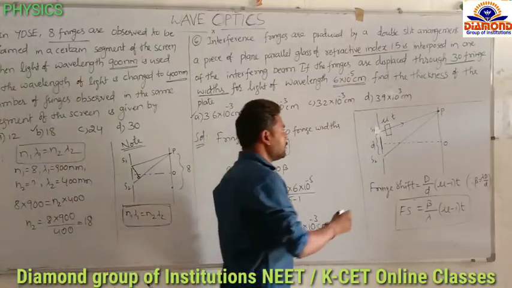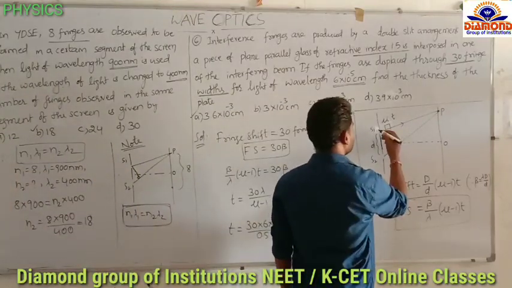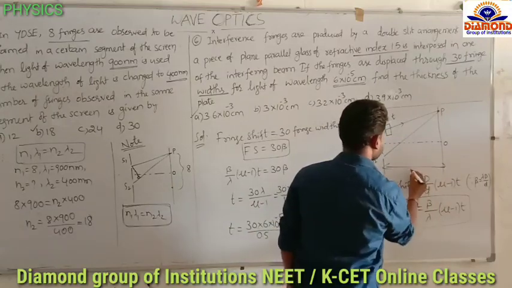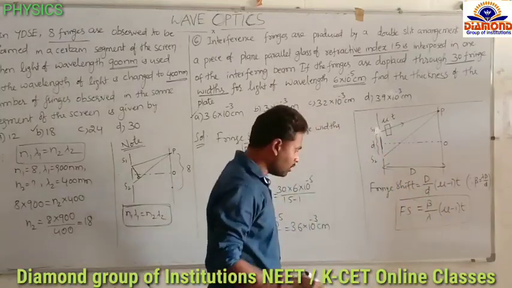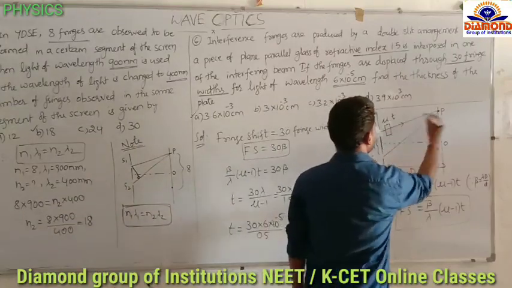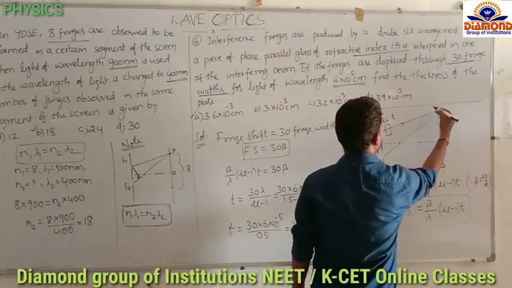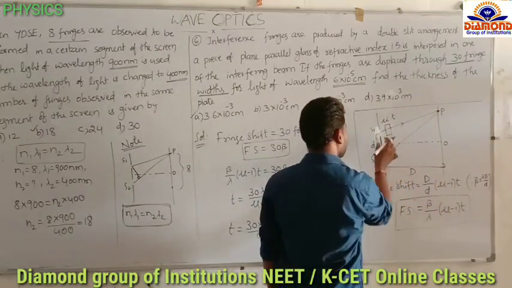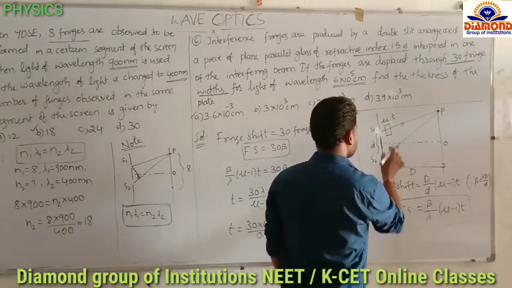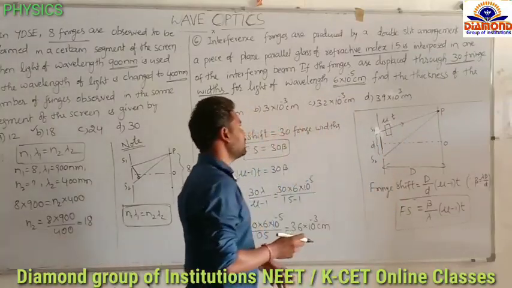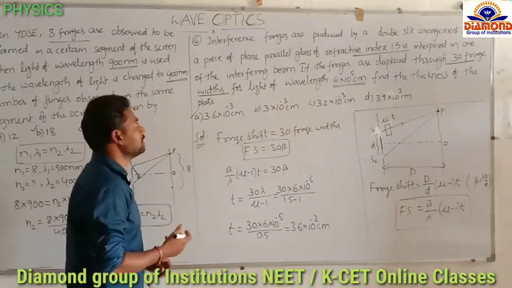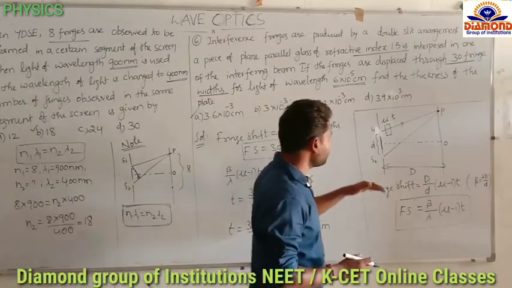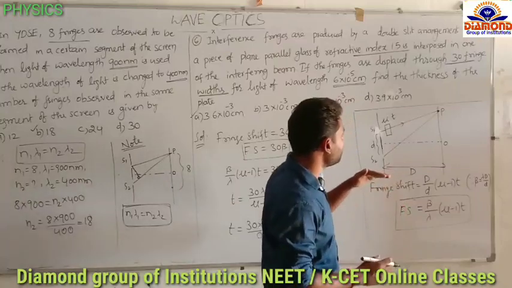Now see here in YDSE, these are the two slits, the distance between them is small d, and the distance between the screen and the slits is capital D. The waves go from the two slits and form dark or bright fringes at the P position. If we keep any object, any transparent thing, either a glass plate or any transparent material, in front of any slit, then the fringes will be shifted.